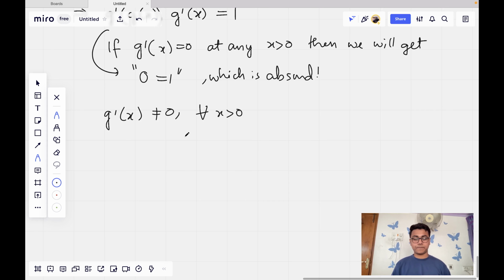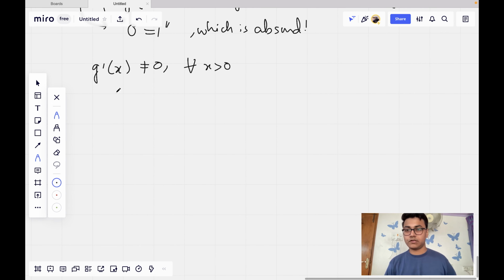Now we have been given another piece of data in the question, that the derivative is also continuous. And a very important property of continuous functions is the intermediate value theorem. Since g dash x is not equal to 0, we will write it in a different way.